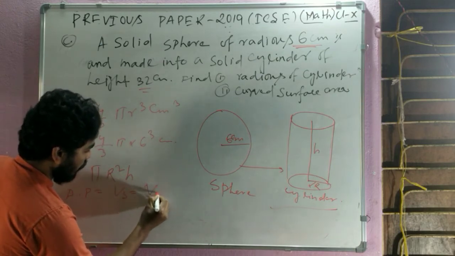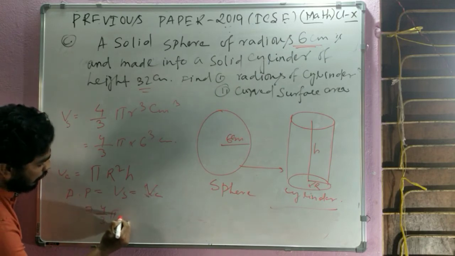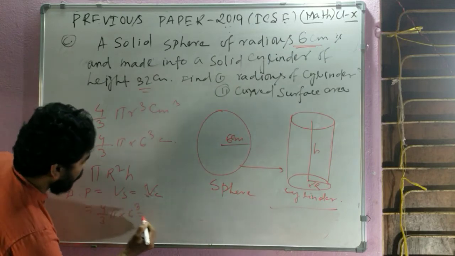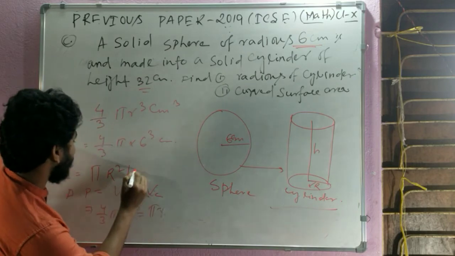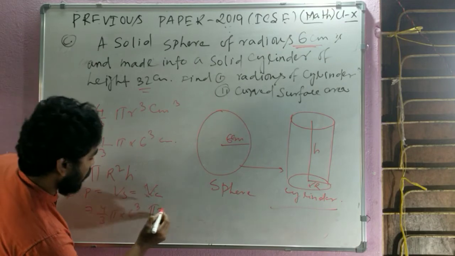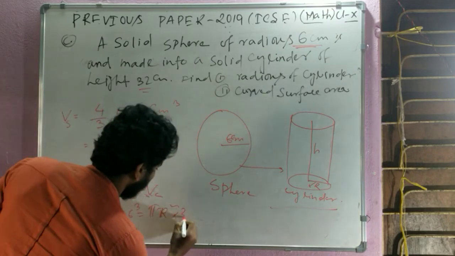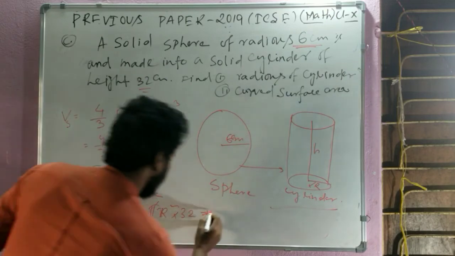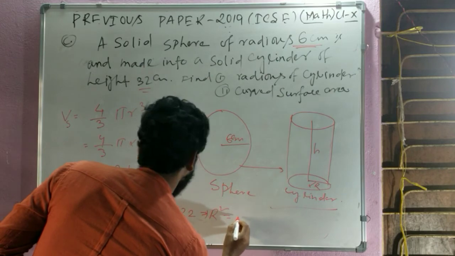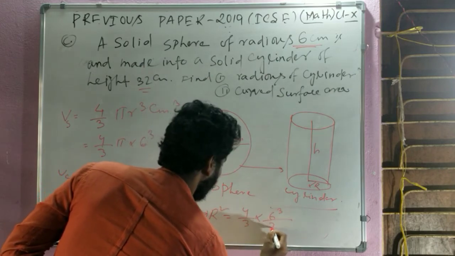Vs means 4 by 3 pi r cube, 6 cube, equals Vc, which is pi r square h, where h means 32. So pi cancels. So r square equals 4 by 3 into 6 cube divided by 32.